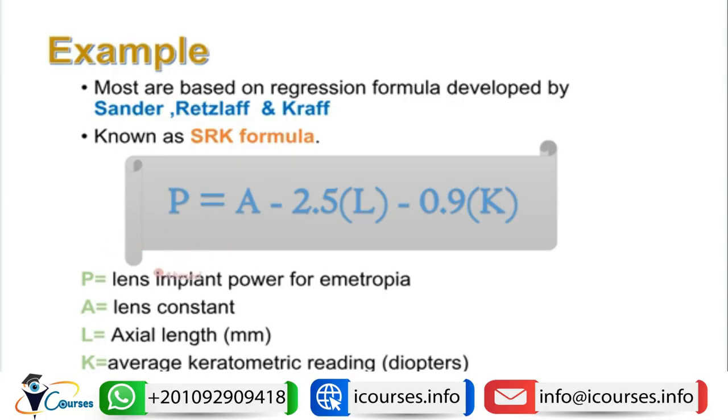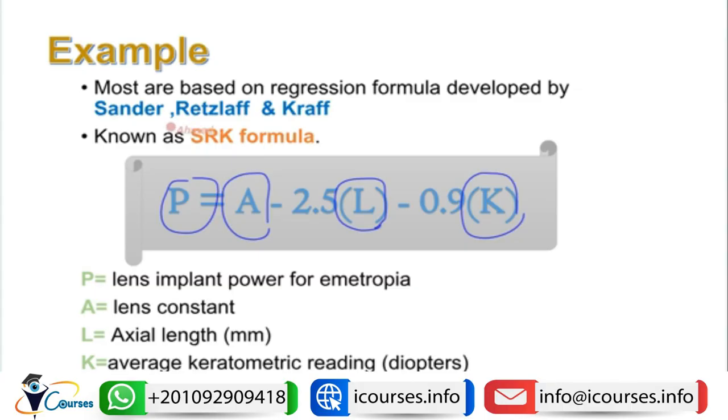In this formula, the power of the intraocular lens needed for reaching emmetropia will be equal to a constant named A constant, which will be different according to the material of the lens, minus 2.5 multiplied by the axial length, minus 0.9 multiplied by the average K reading.